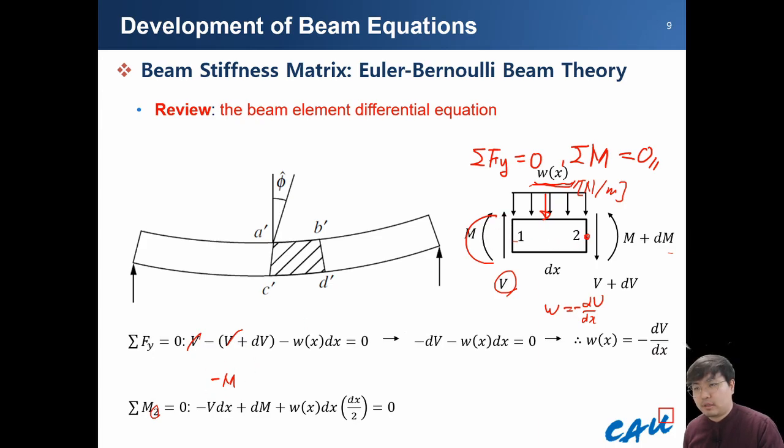At nodal point 2, the shear force also generates a moment with moment arm dx, and this is also clockwise, so minus V dx. Here, the transverse load does not generate a moment because the moment arm is equal to 0.